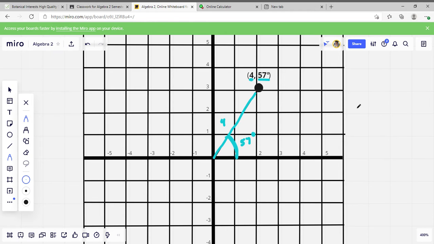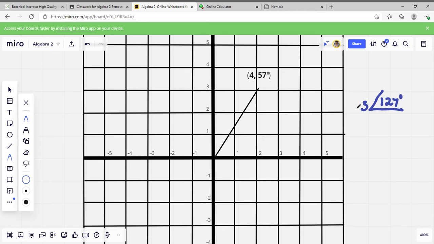If we had, let's say, and we go counterclockwise. So let's say that we had another one. Let's say that we had 3 at 127.